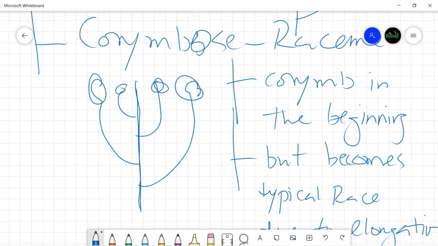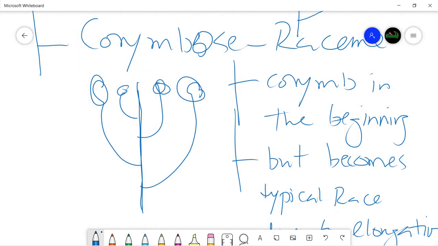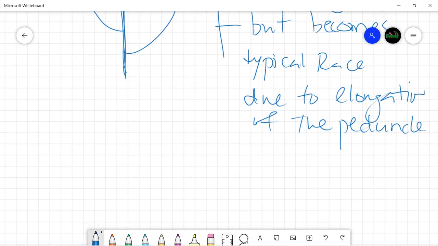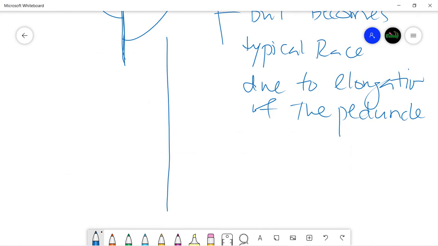So if this axis, the peduncle, the floral axis, elongates, these flowers won't lie at the same plane, they will be separated or they will get apart. So a situation something like this would arise.